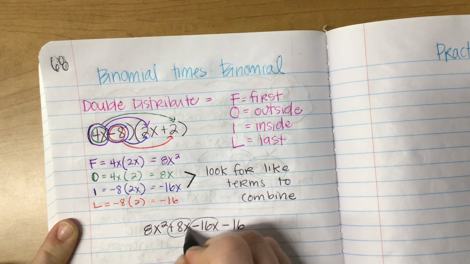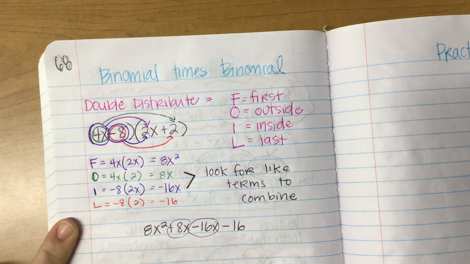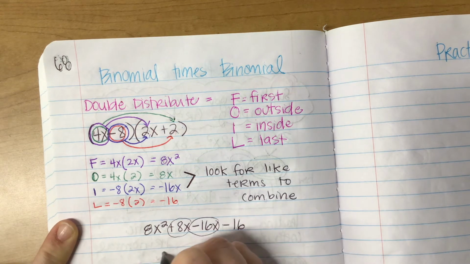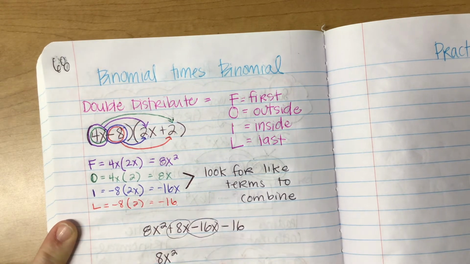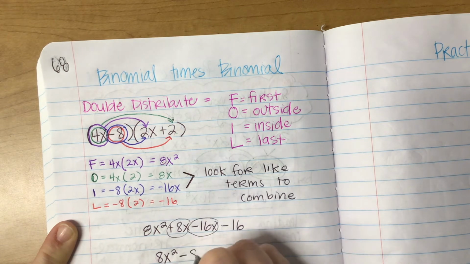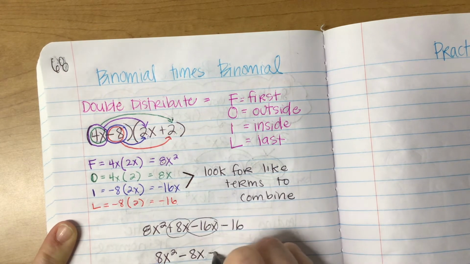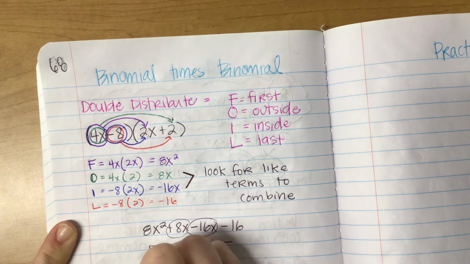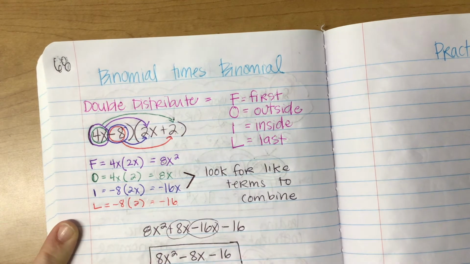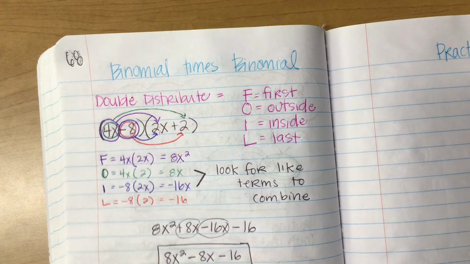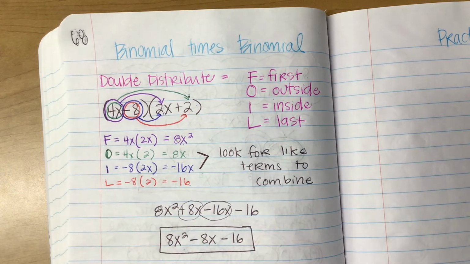But these are like terms. So my answer is 8x squared, 8x minus 16x is negative 8x, minus 16. And I just did a binomial times a binomial.